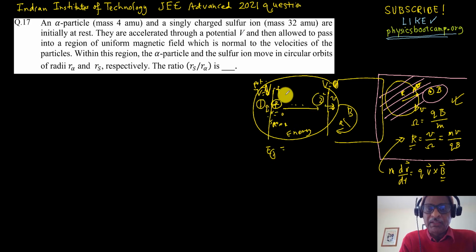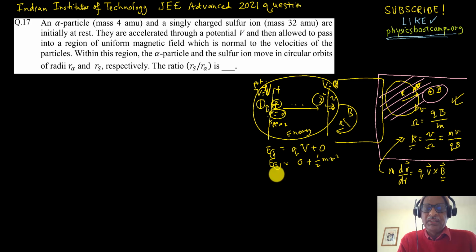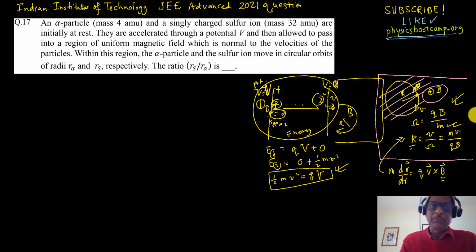At point 1 it's all potential energy, qV. There's no kinetic energy. At point 2, the potential is 0, so it's 0 plus half m v squared. So half m v squared has to be q times the potential. So that's another thing you need. We need these two, and then we are off to the races.